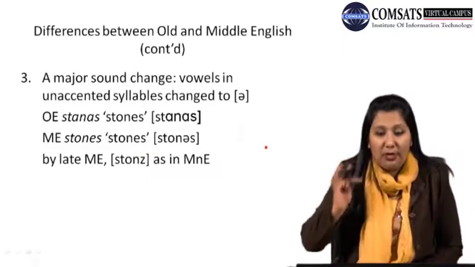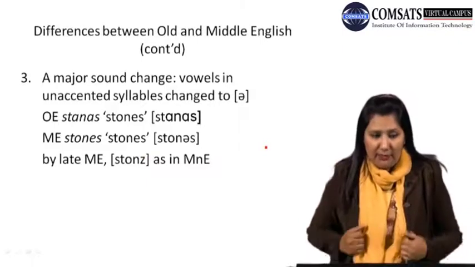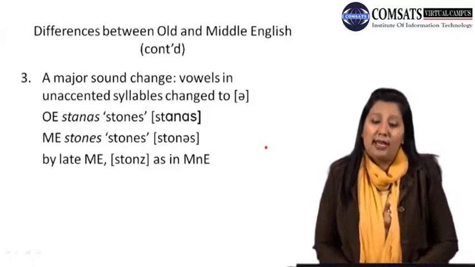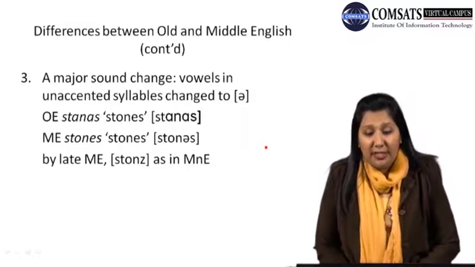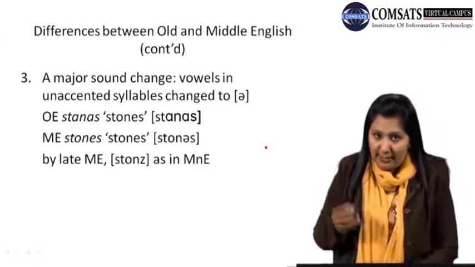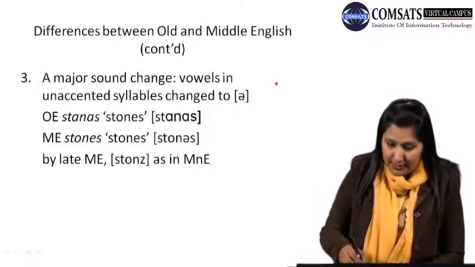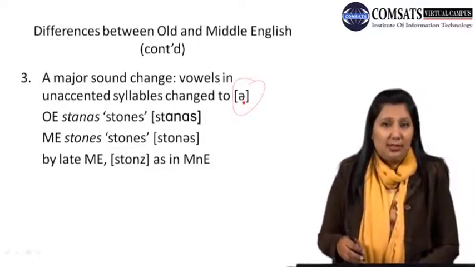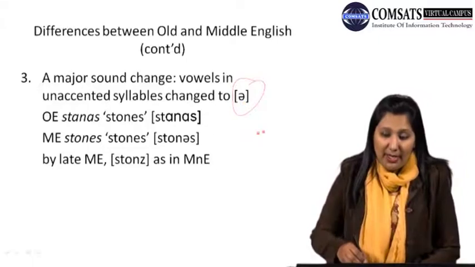Yes, differences between Old and Middle English. The third difference is that a major sound change occurred. Vowels in unaccented syllables changed to schwa. Yes, this is another interesting change. The sound that is written here is the schwa.